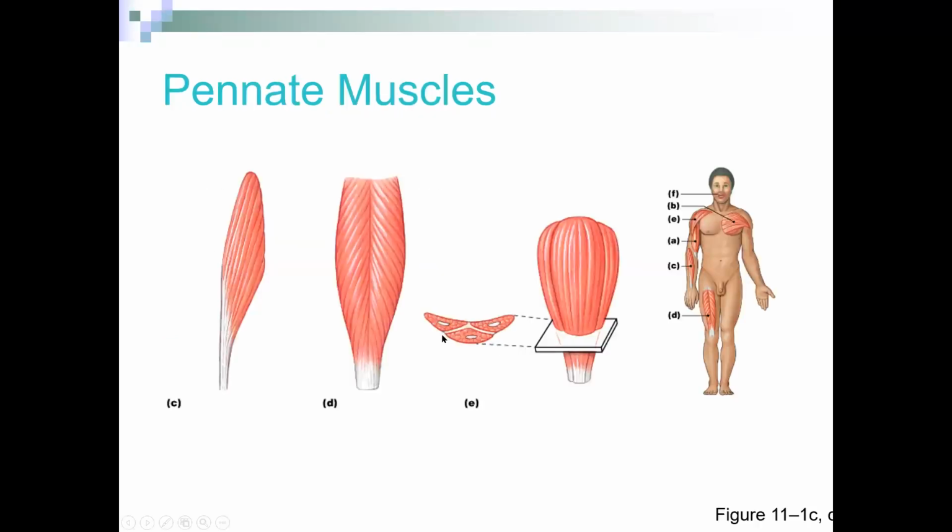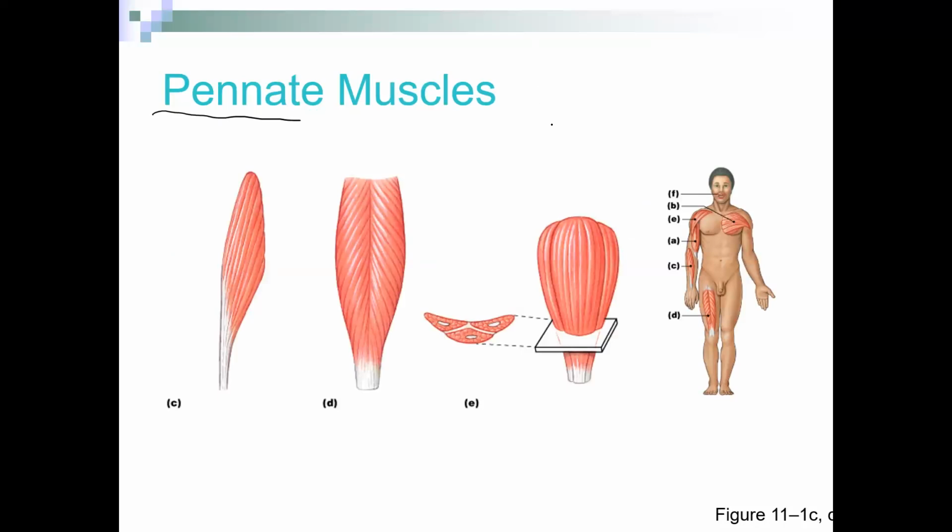Now, pennate muscles. I don't know if you've ever heard the term pennate before, but pennate refers to feathers. So when something is pennate, it is feather-like. What does that mean?